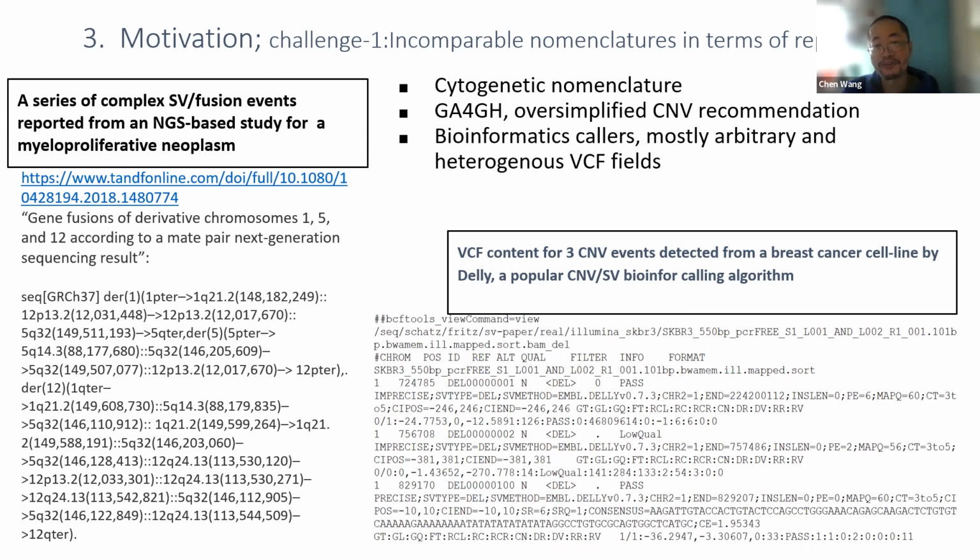Whereas if we are bioinformaticians, maybe the VICC format on the right is what we are familiar with. But either way, that's a gap: how do we represent simple to complex structural variants? How do we make them computable? How do we make them interoperable between one study and another study?